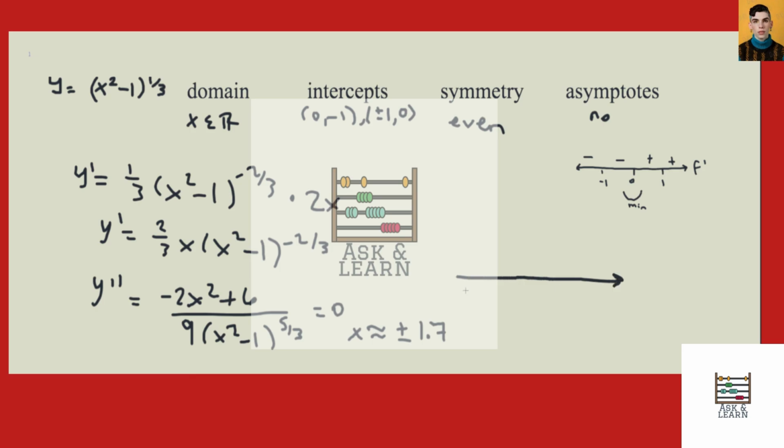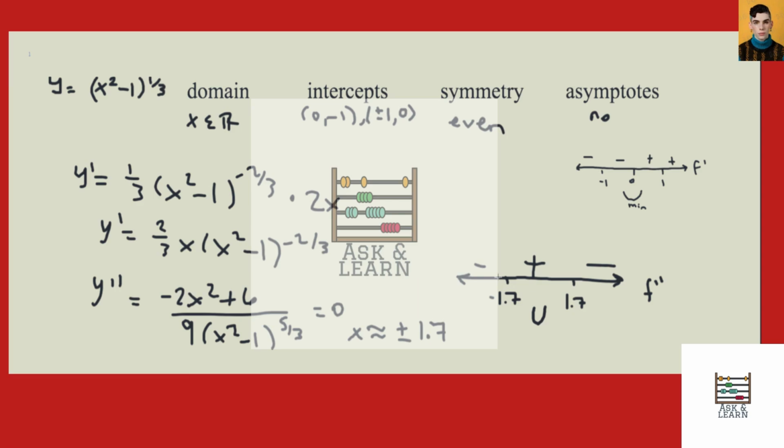So let's make a line for the second derivative test, testing for concavity. Negative 1.7 and positive 1.7. So here we see anything smaller than negative 1.7 is going to be negative. Anything we're testing in the second derivative, remember. And then anything between negative 1.7 and 1.7 is positive, and anything beyond 1.7 is negative. So here we see this is positive, so this is concave up.